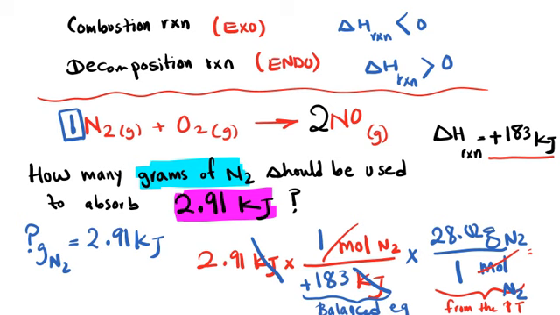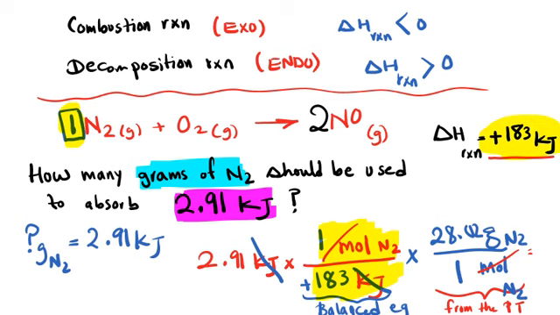But I wanted to show you, when we work on conversion factors, the conversion factor used for converting moles to kilojoules, moles to amount of energy, is going to be based on the balanced chemical equation.